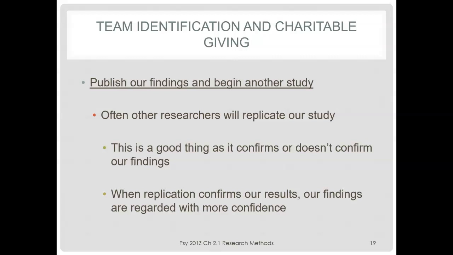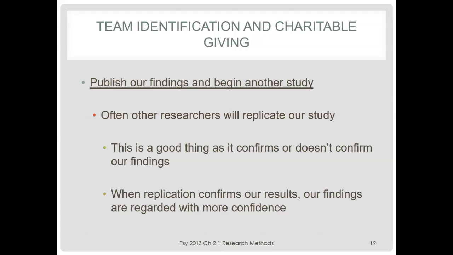Now, we publish so that other researchers can replicate our research. If you go to graduate school, one of the things you're going to find is that your research is often a replication of someone else's research. Now, replication is an excellent thing.